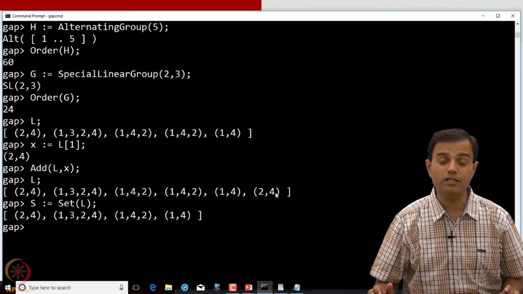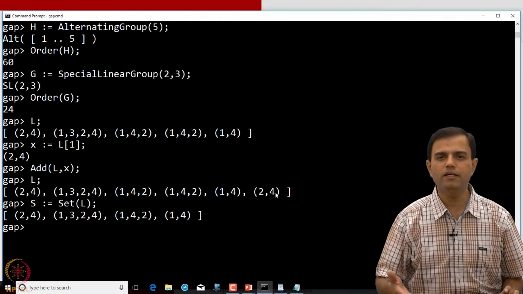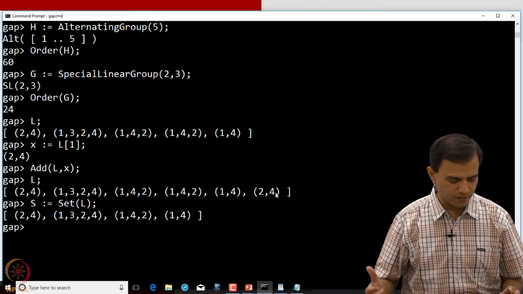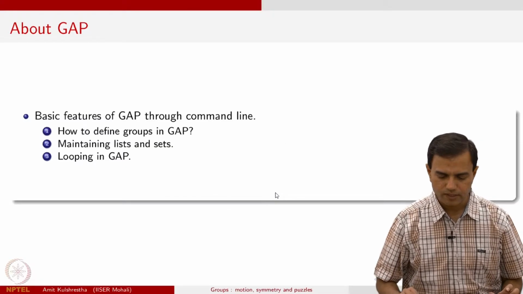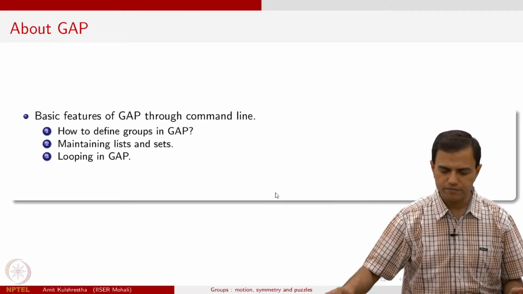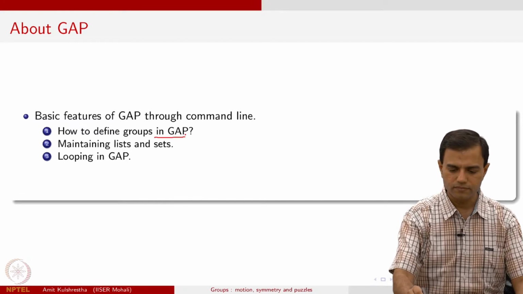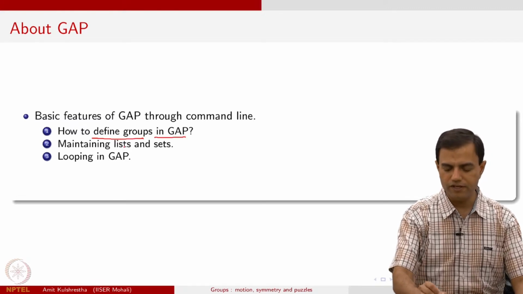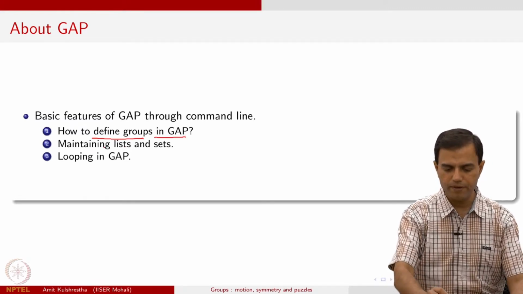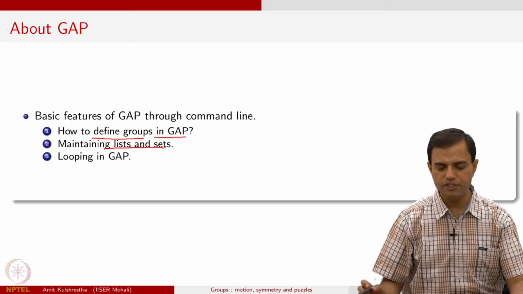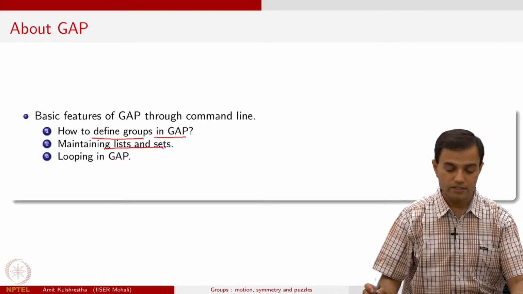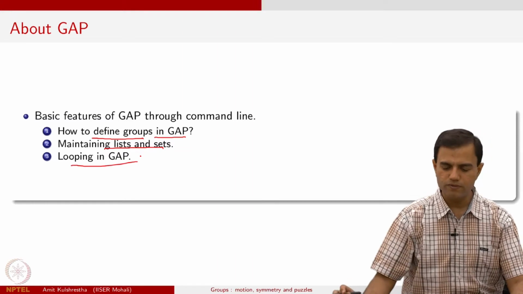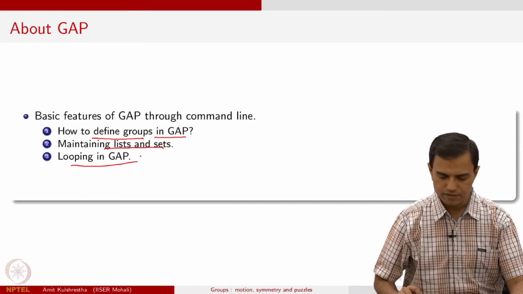Sometimes lists are useful, sometimes keeping your data in the form of a set is useful, depending on the context. So we know how to define groups in GAP, we know how to manage lists and sets, and looping also we have seen that we can loop.